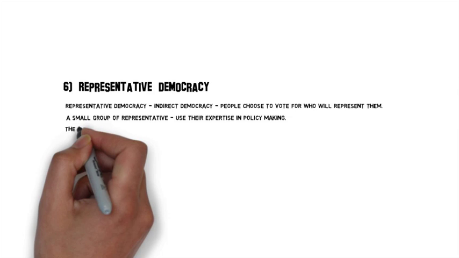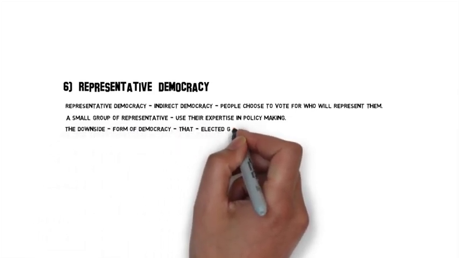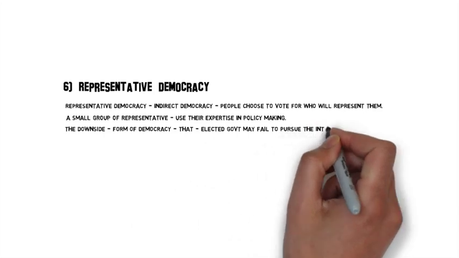Besides this, the downside of this form of democracy is that the elected government may fail to pursue the interests of the citizens. Moreover, most of the representative democracies of the world consider themselves to be liberal democracies, because they value the needs of their individual citizens more than that of the entire state.